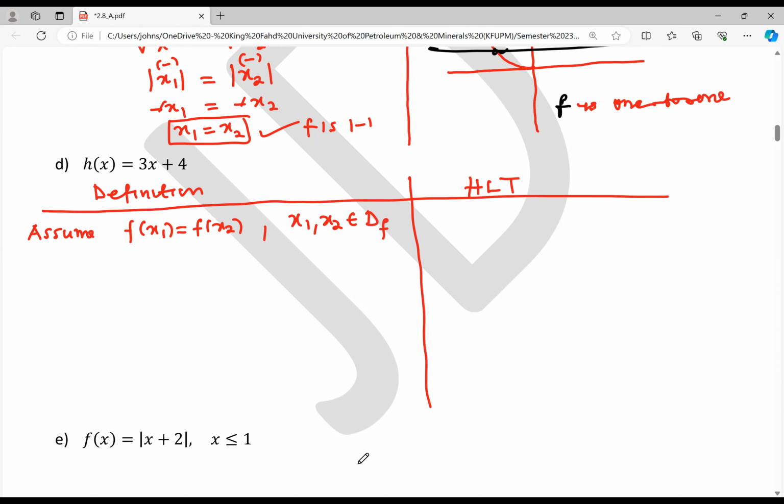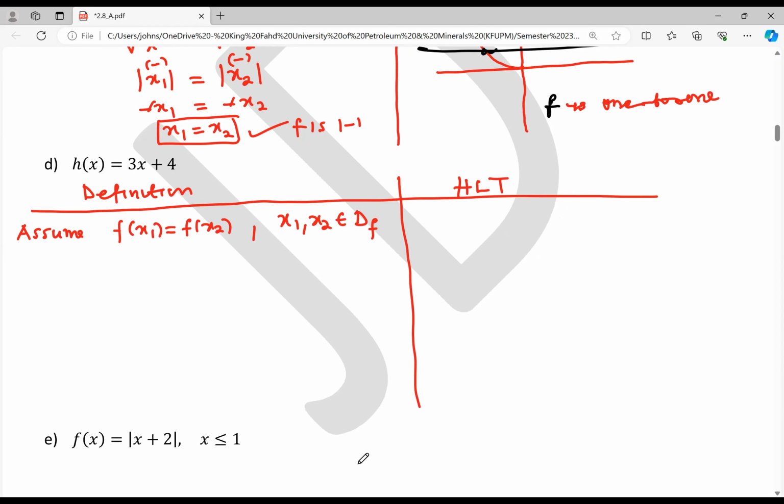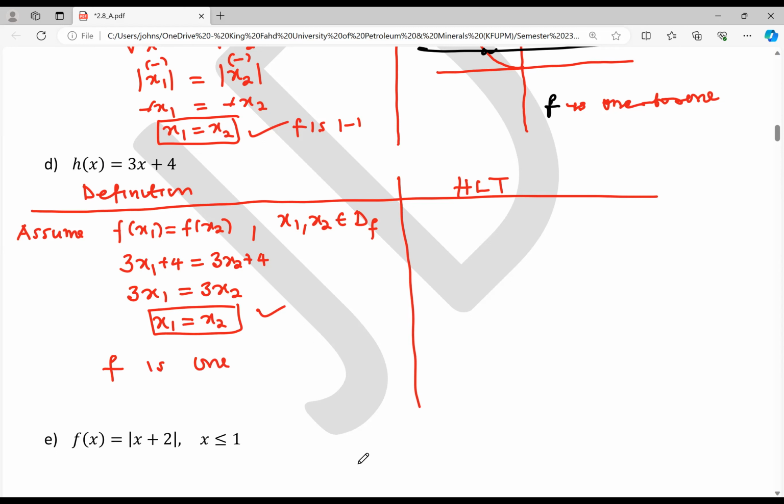The domain is the whole of R. So we will have 3x1 plus 4 equals 3x2 plus 4. Clearly, 4 can go. So we have 3x1 equals 3x2. And we can easily conclude that x1 equals x2. So this is good. It means that f is 1 to 1.